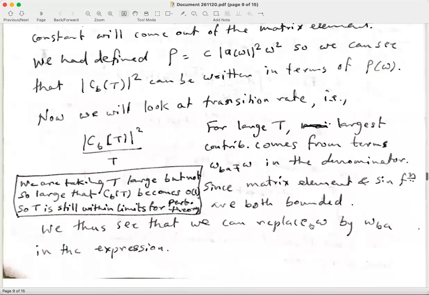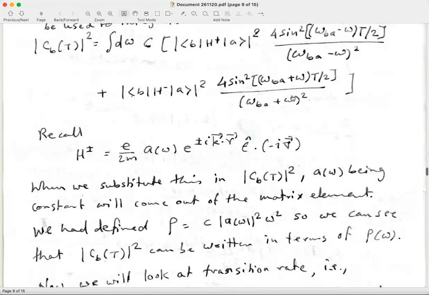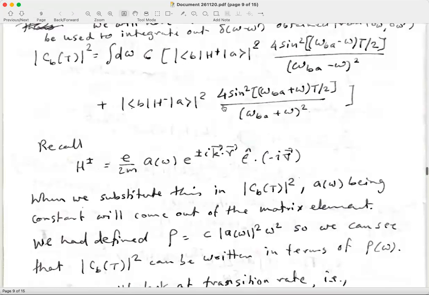Now, if you look at the other expressions, even if the denominator becomes small, the remaining quantities are all finite. This is a sine function, so it takes finite values, bounded between 1 and -1. And this matrix element, we are already treating as a small perturbation. It involves the oscillatory function and epsilon dot p, and for any of these states, epsilon dot p would be a finite answer.